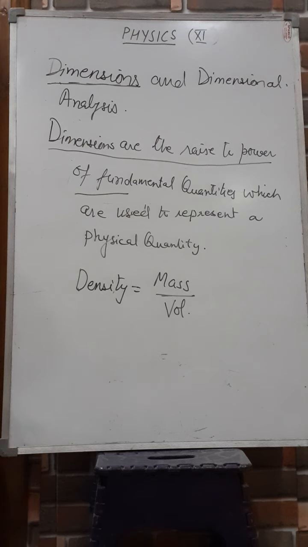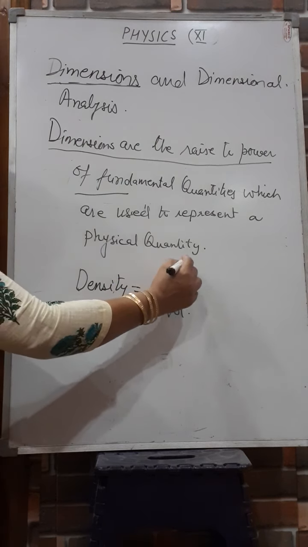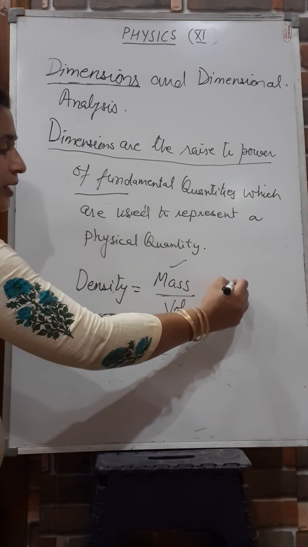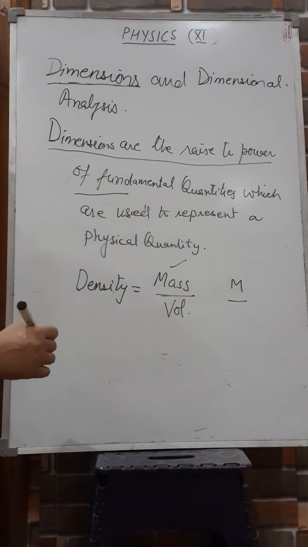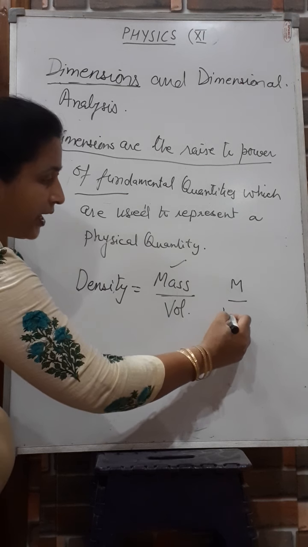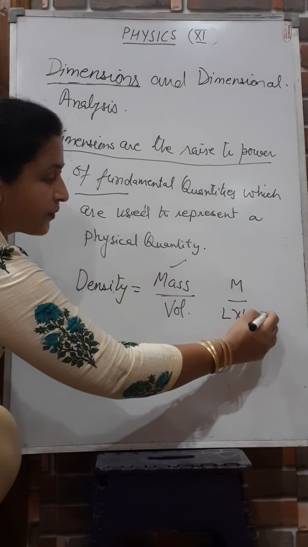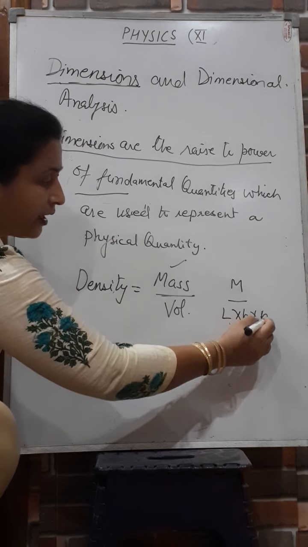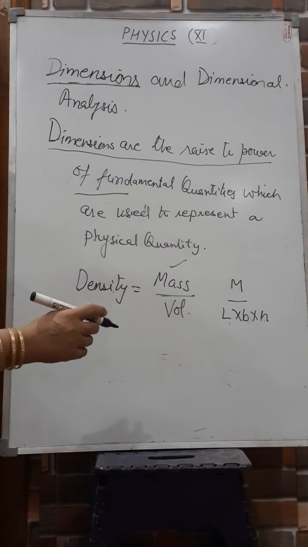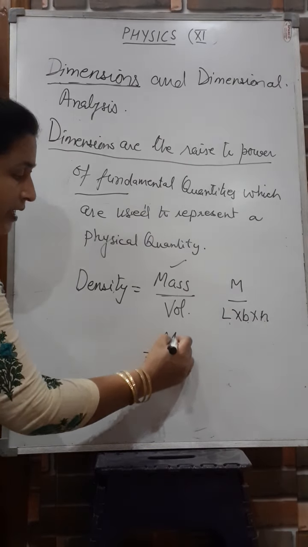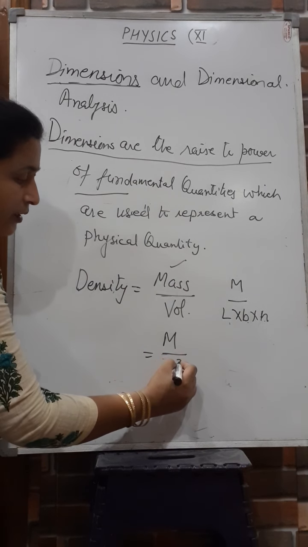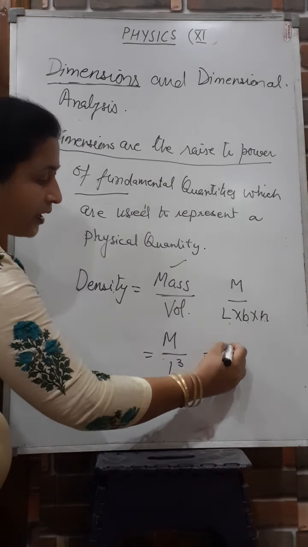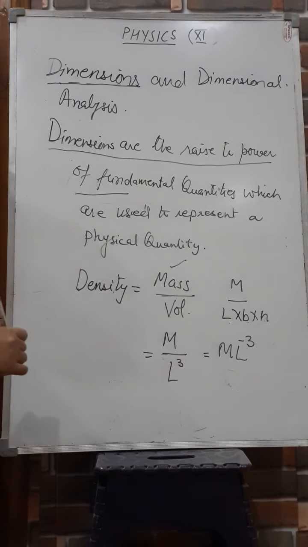Mass is a fundamental quantity and it can be written as M. And volume is a derived quantity. Volume is length into breadth into height. So we can write L into B into H. All these length, breadth and height are lengths. So we can write density as mass divided by L cube. So it is M L minus 3.